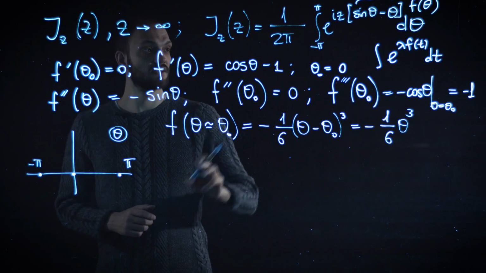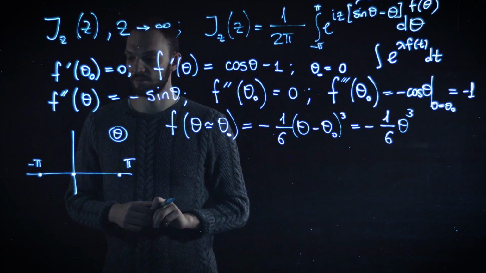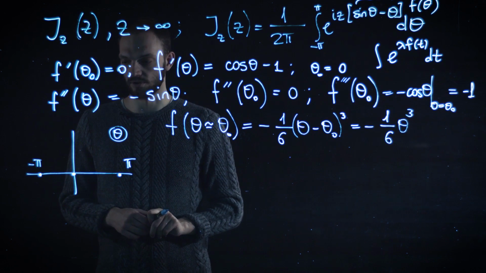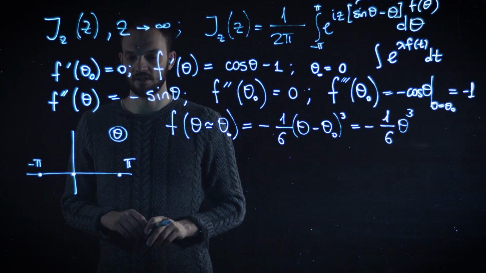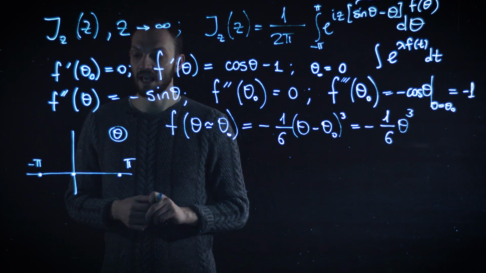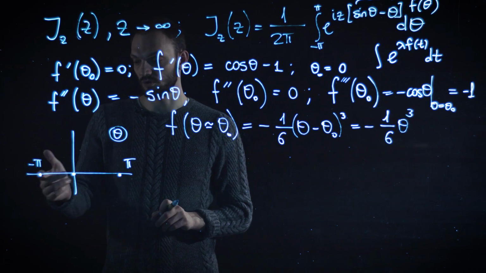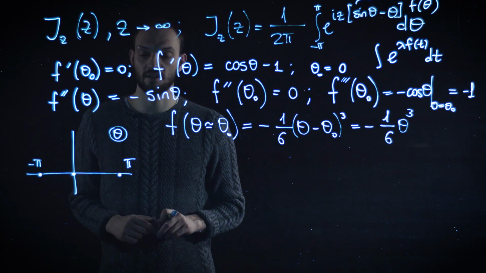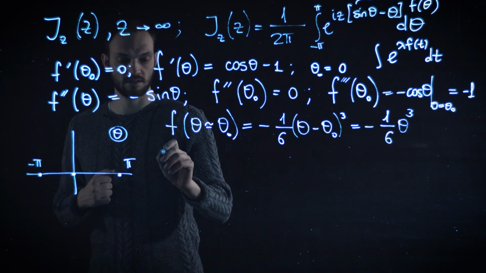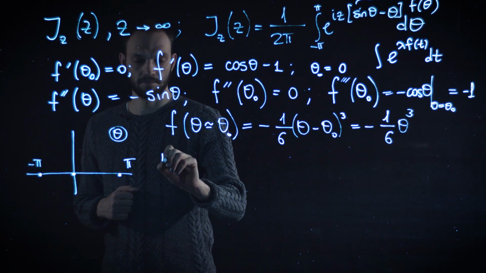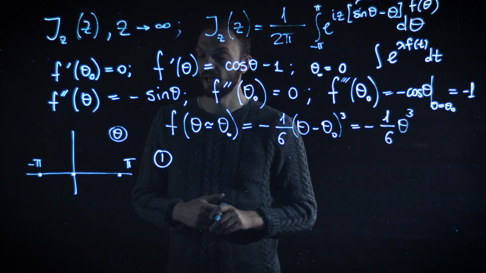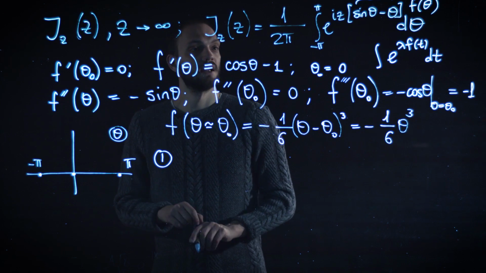Notice that this integral is also different from most of what we did before, in that it does have a contribution from endpoints. In principle, similar to what we had on the real axis, we need to convince ourselves that the contribution of endpoints is smaller than the contribution of the stationary point itself. So having this in mind, let us start from an estimation of the contribution of the stationary point and then compare it with what we would expect to obtain from the endpoints of the integration domain.